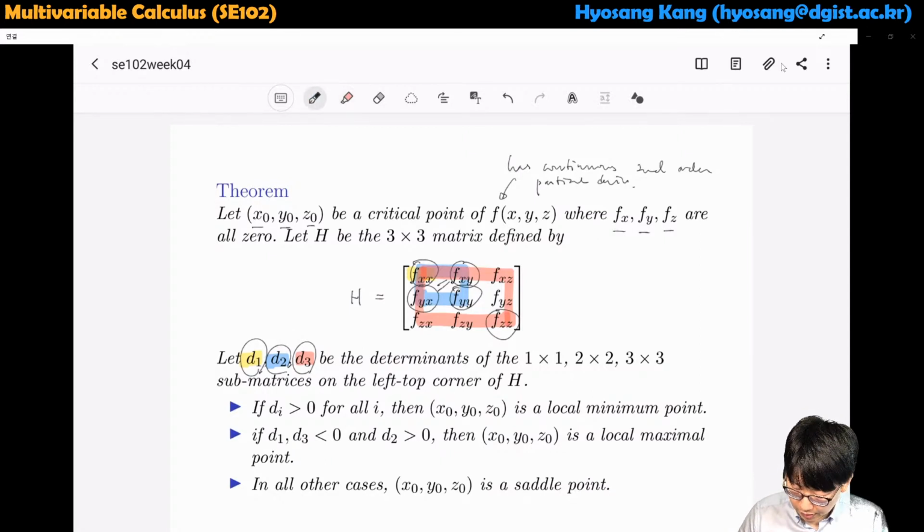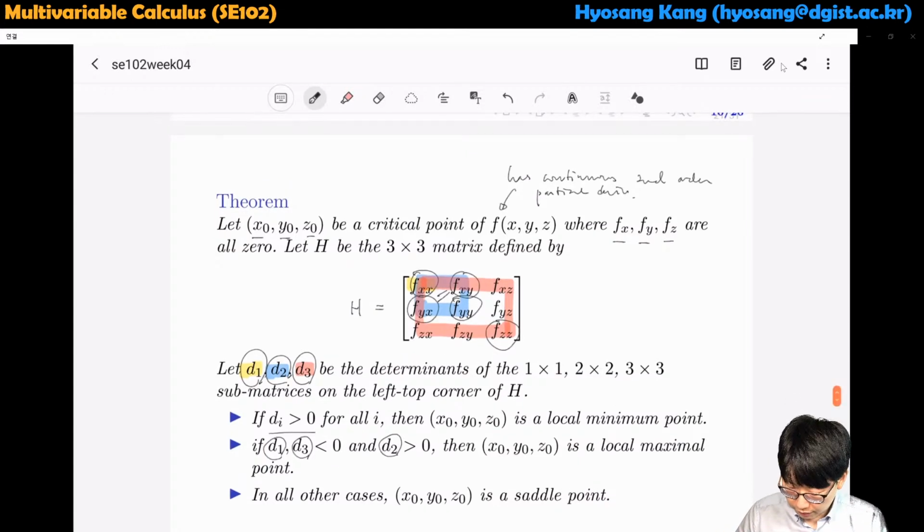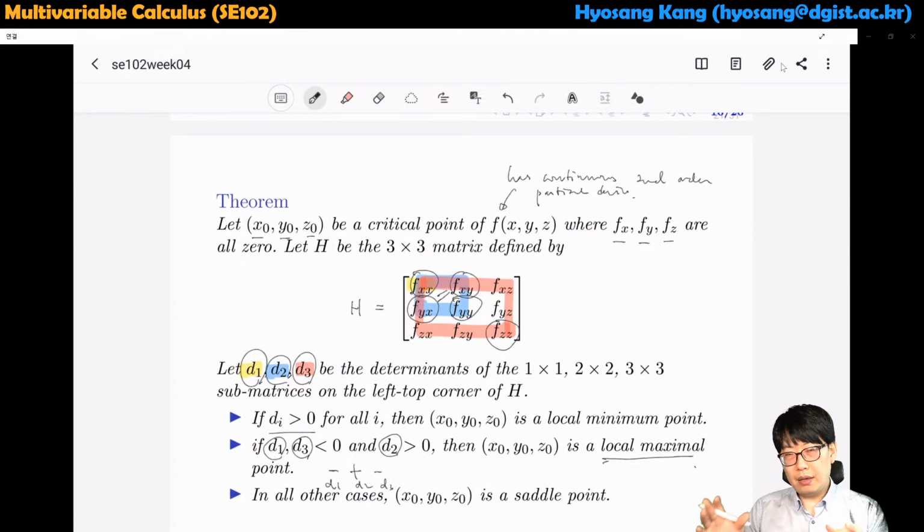The result is that if all three d's are positive, then the point x0, y0, z0 is a local minimum. If the signs of d1, d2, d3 alternate, starting from negative, which means negative, positive, negative, where this is d1, this is d2, and this is d3, then that's a local maximum. So it's a little bit different from the two-variable functions, right?